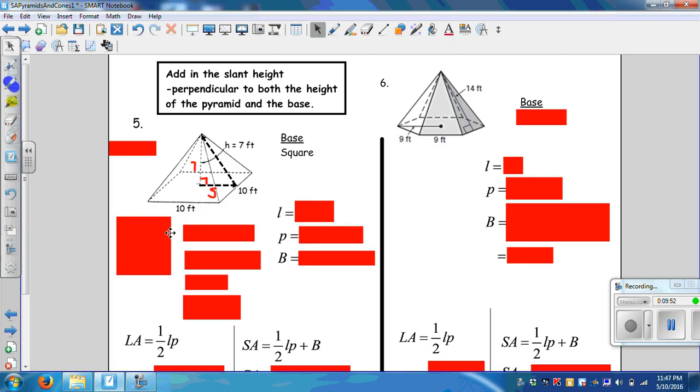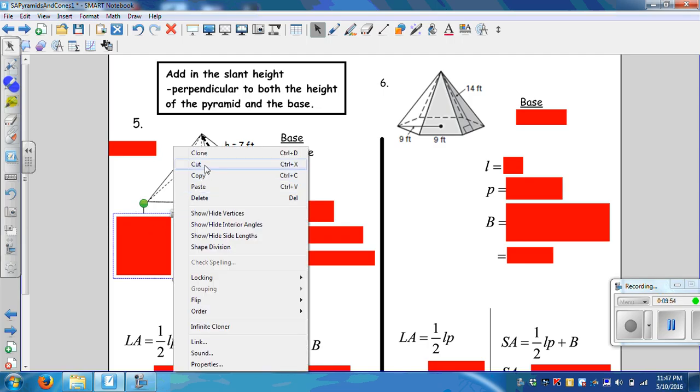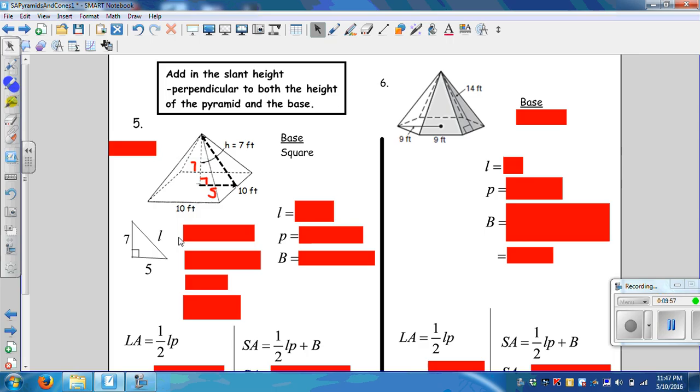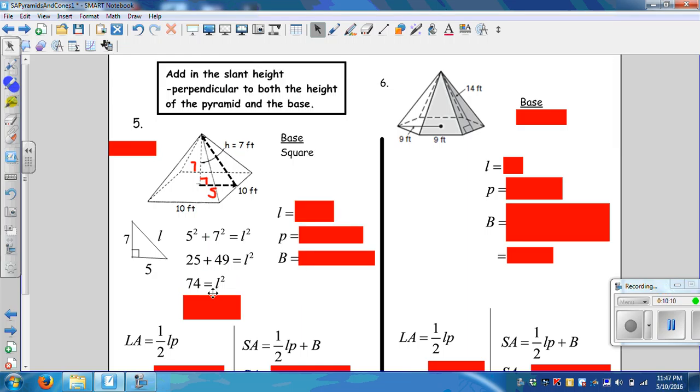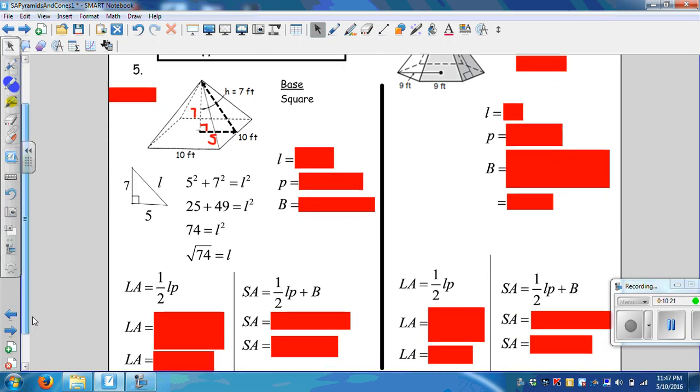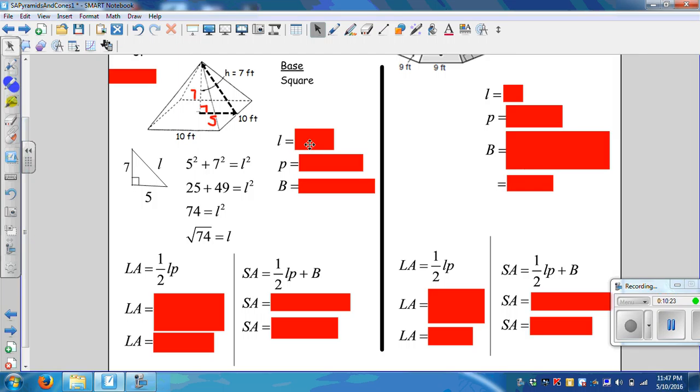You're going to use Pythagorean theorem to calculate your slant height, and you can see I've done a new picture over here. So you're working with 7 squared plus 5 squared. You have 74. This does not come out as a nice radical, so we're going to go ahead and do a decimal equivalent for this later on. So we're going to use square root of 74 at least now, but later on we'll change it to a decimal. So we have our slant height.